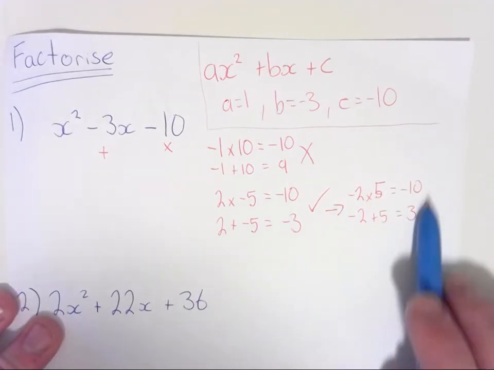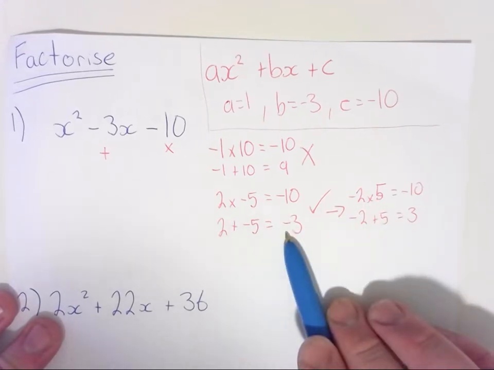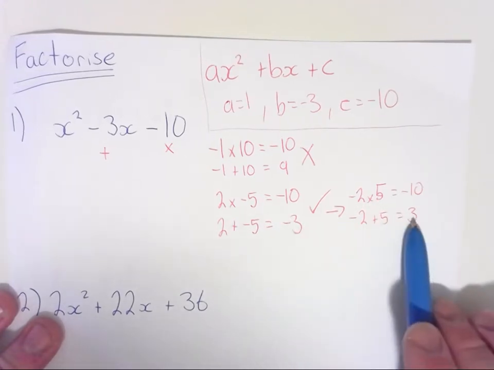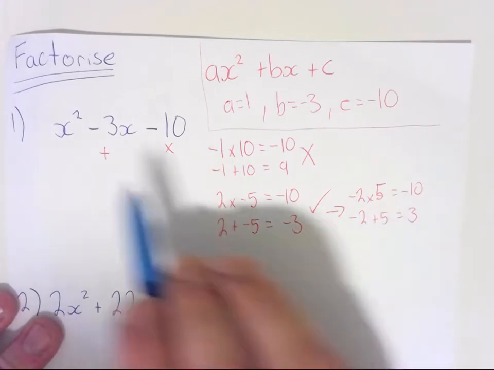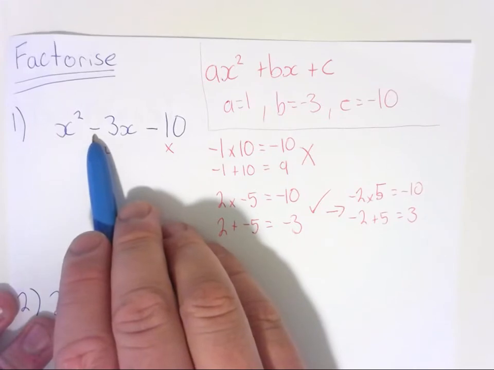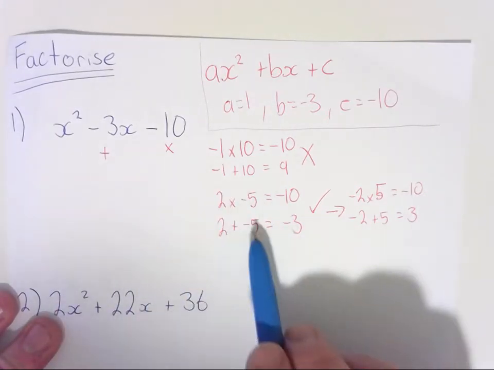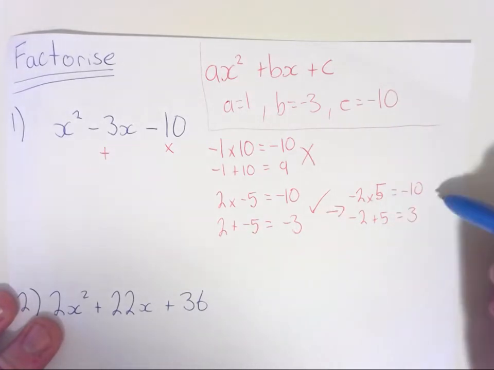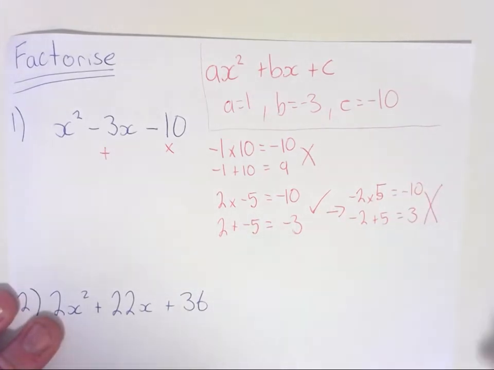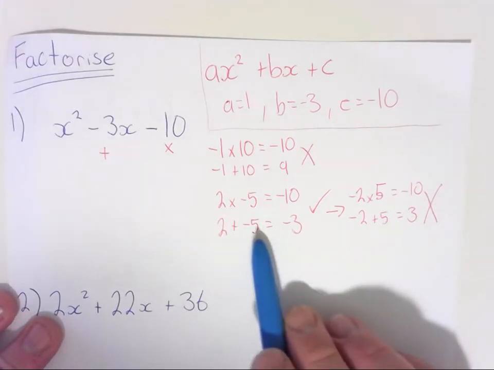When you're doing this, we want the opposite of that. We want that -3, not that +3. The sign in front of the coefficient, that negative, matters. So that's how I knew that I wanted this combination, not this combination. Not -2 and +5, I want +2 and -5.